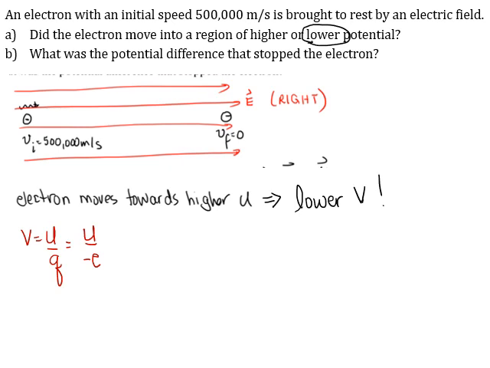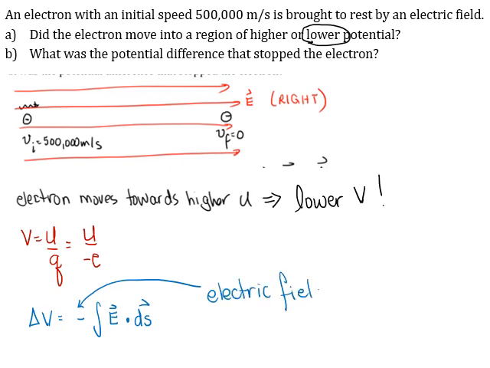And we can verify this by thinking about the relationship between electric field and electric potential. We know that delta V is equal to negative the integral of E dot ds. This negative sign tells us that electric field always points towards low potential.